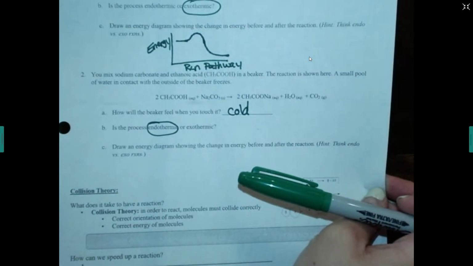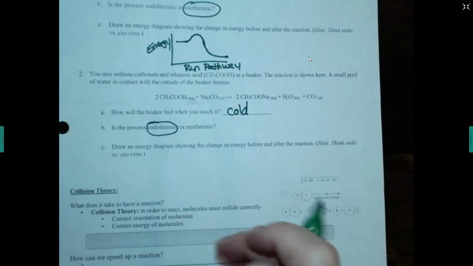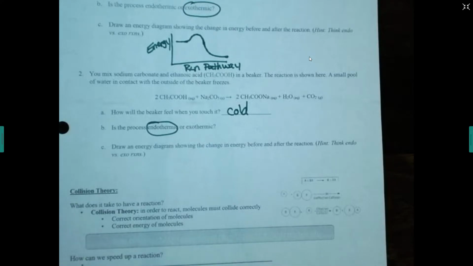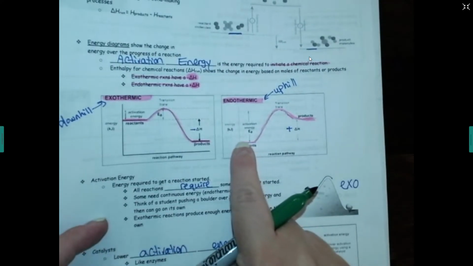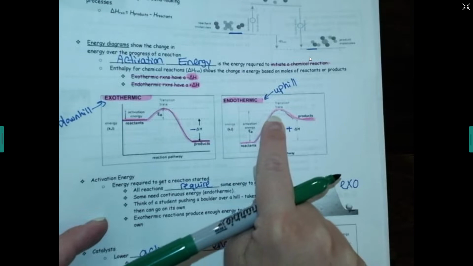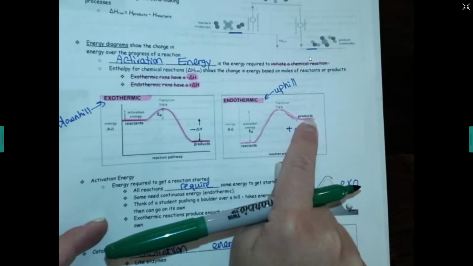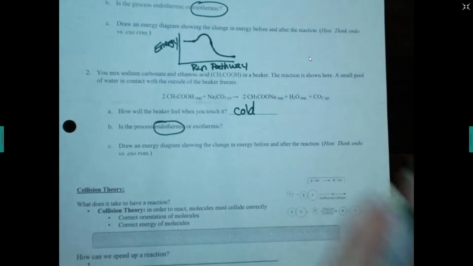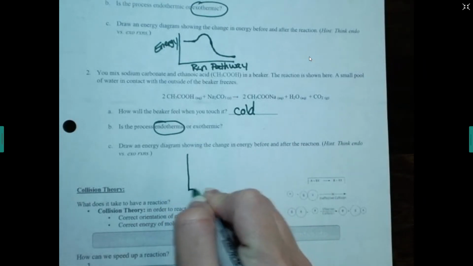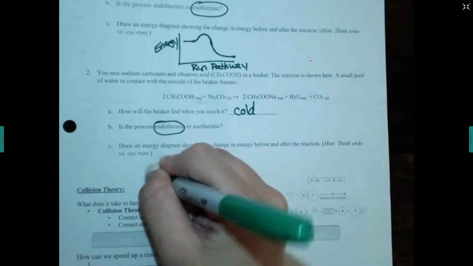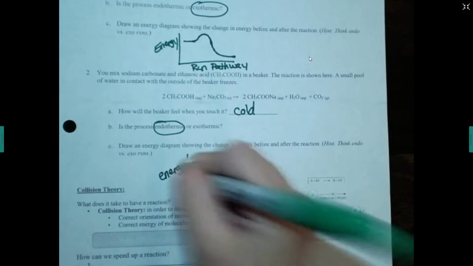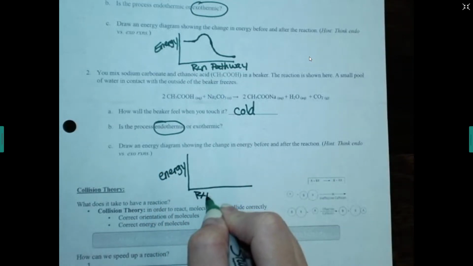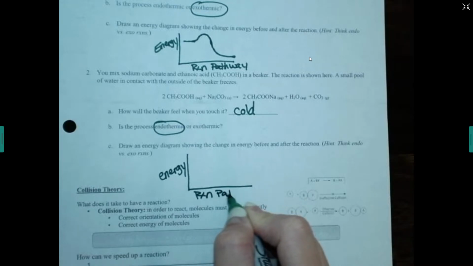Draw an energy diagram showing the change in energy before and after the reaction. Again, this is endothermic. If you remember from our notes yesterday, endothermic reactions start lower and absorb energy, so they end higher. It's going to be like an uphill. So let's draw this again. This is energy, and this is our reaction pathway.